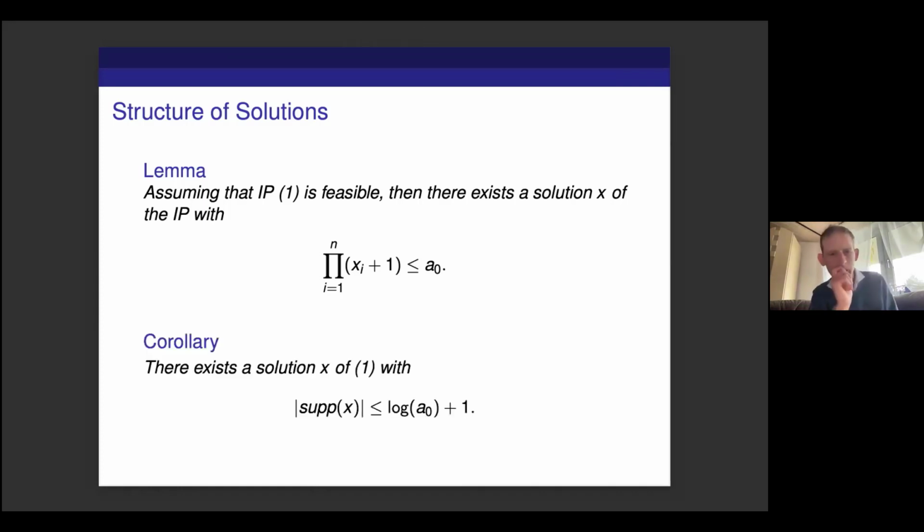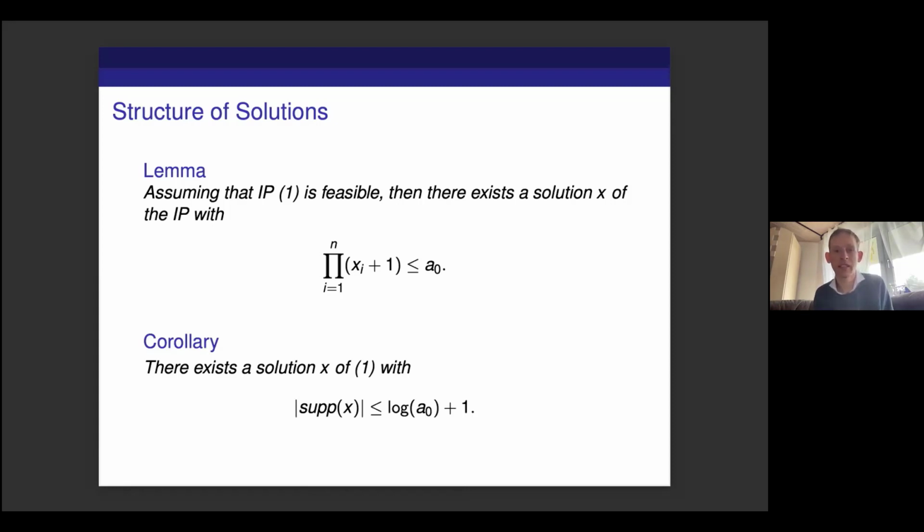So a corollary of that lemma would be that the support, which is the number of non-zero components, is only logarithmic in A0. There's, for example, also this result by Eisenbrand and Weismantel, which shows similar properties on solutions of feasibility integer programs.